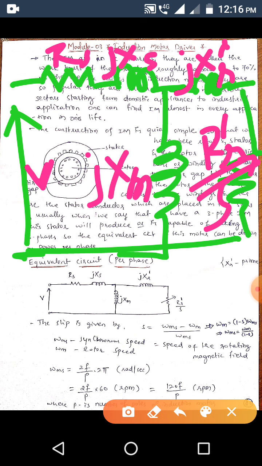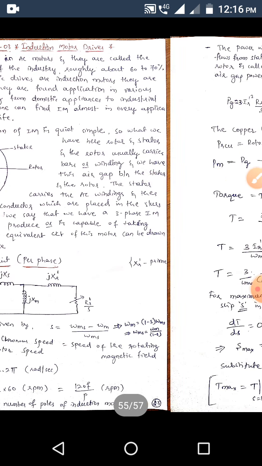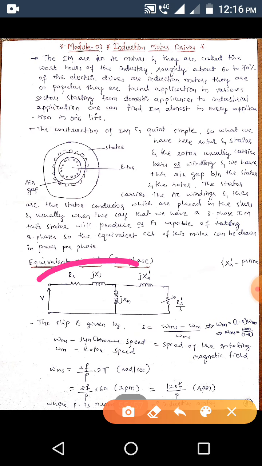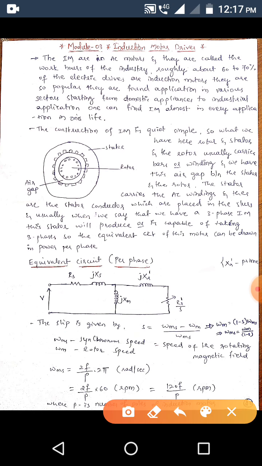The same equivalent circuit diagram I have drawn here, you can look over this. The leakage reactance, whatever we are getting per phase, includes the slip.